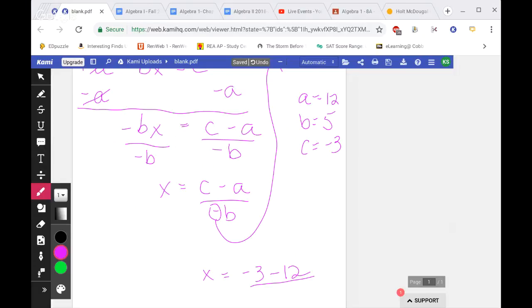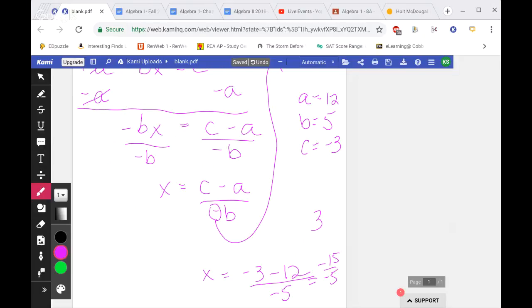I put a double negative on it, I don't know why. -15. -15 over b, which is -15 over 5. Oh, -15 over the opposite of b, which is going to be -5. So it's -15 over the opposite of 5, which is going to be a +3.